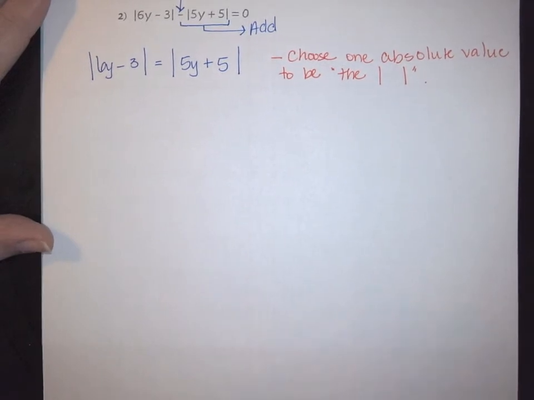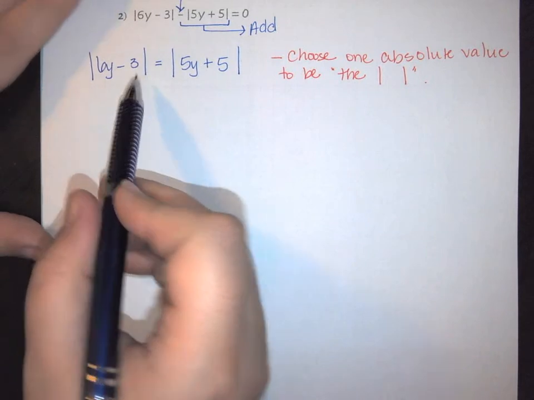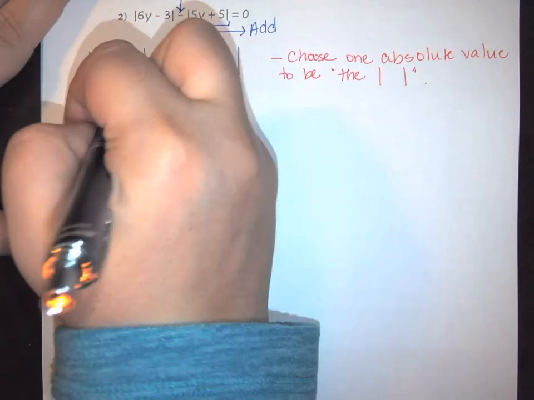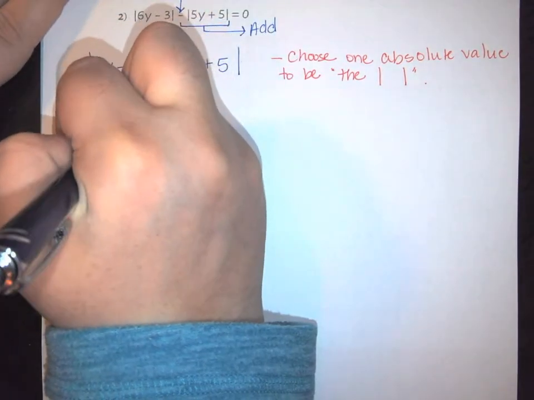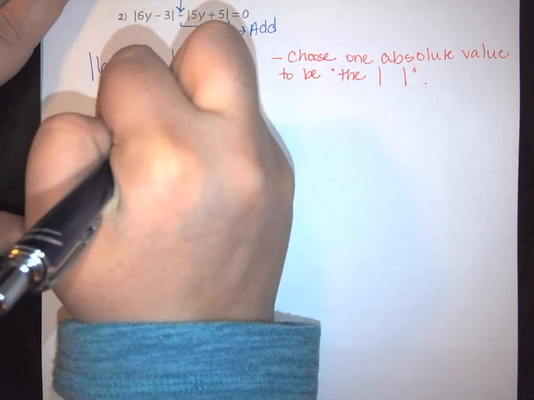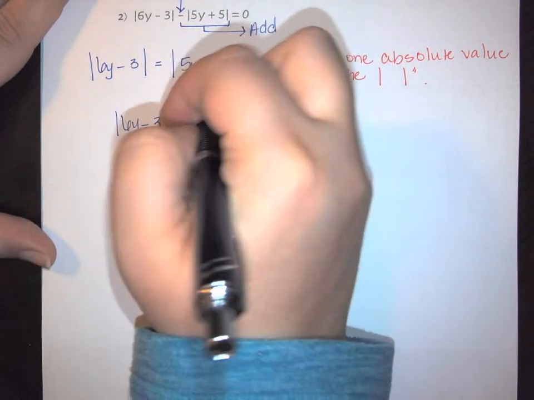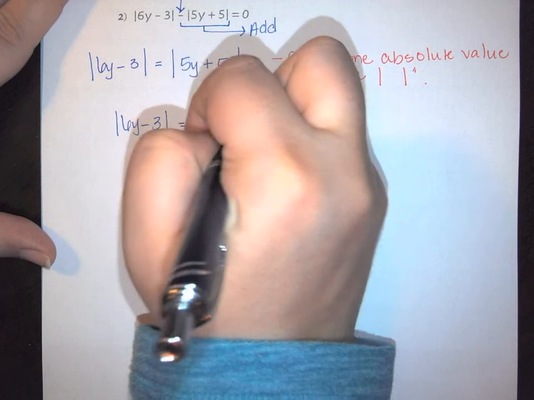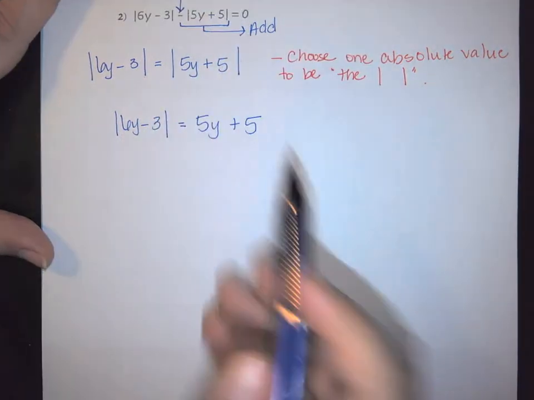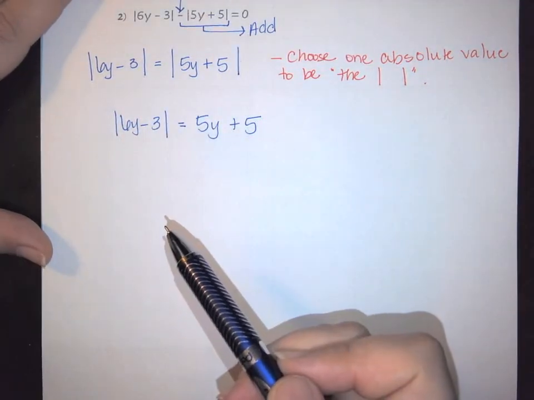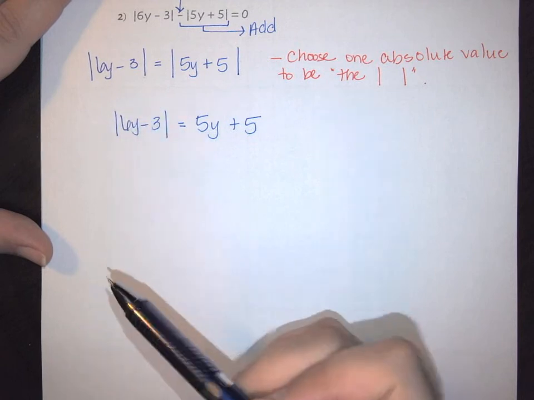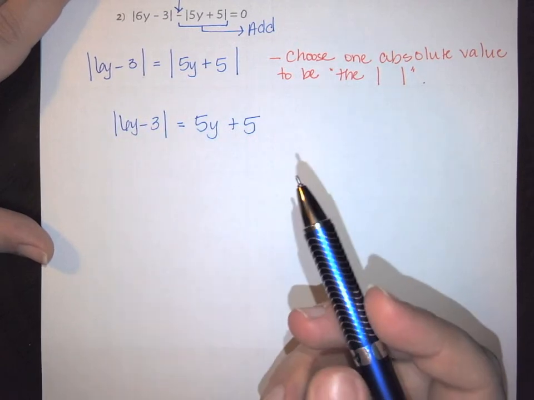So for me, let's go ahead and choose the left-hand side to be my absolute value. So we're going to set this as the absolute value of 6y minus 3 is equal to the 5y plus 5. Since it's positive, and my absolute value has been isolated, we're going to apply the absolute value rules.